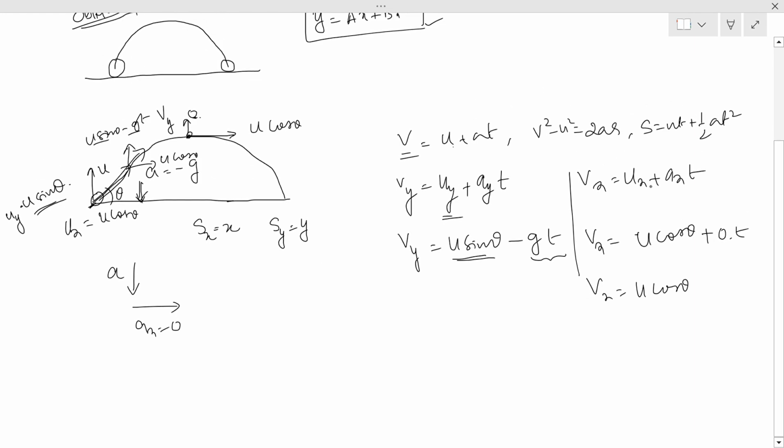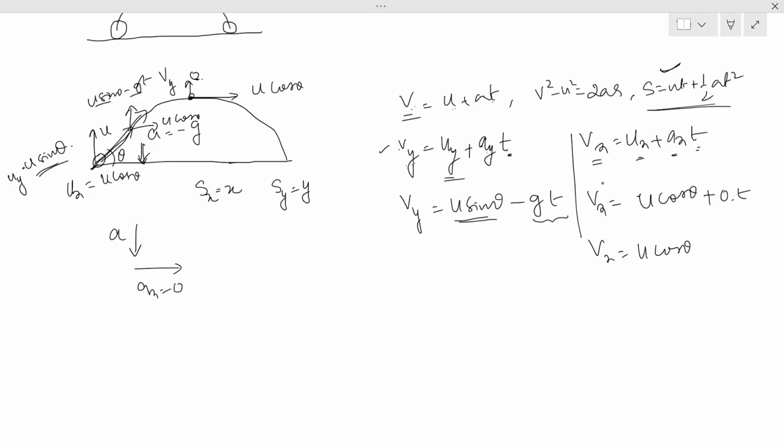Right, now we'll take this equation and write it for the x-axis and y-axis. See here, I am giving the components for velocity and acceleration, not to the time, because time is a scalar. These are all vectors. Velocity is a vector, acceleration is a vector, time is a scalar, so don't give it a component.